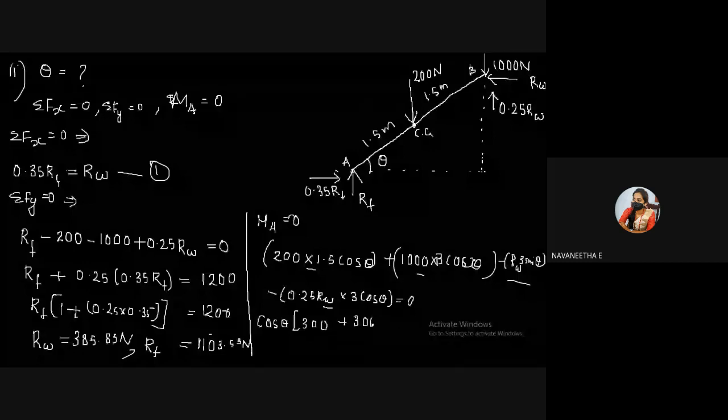And in the third term, negative 0.25 into RW into 3. 0.25 into RW is 385.85 into 3. Okay, that is 289.38.